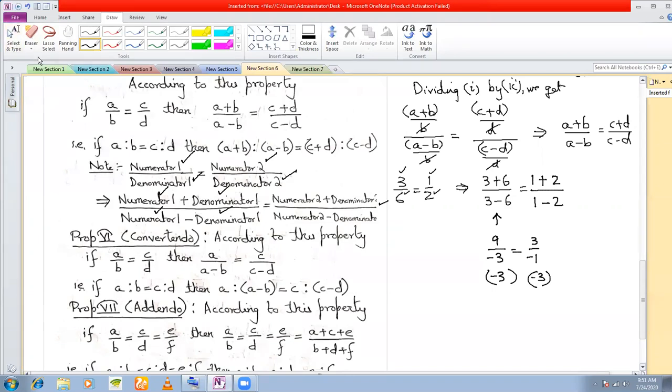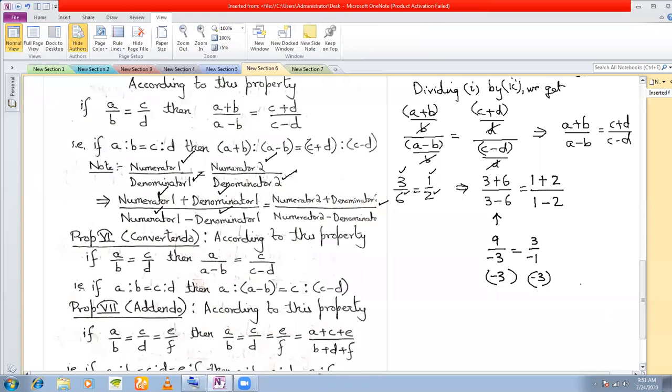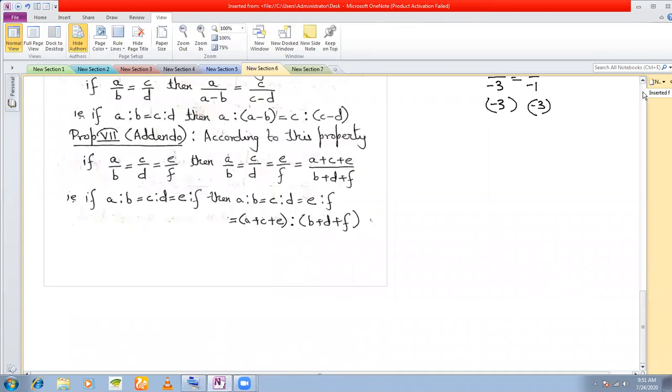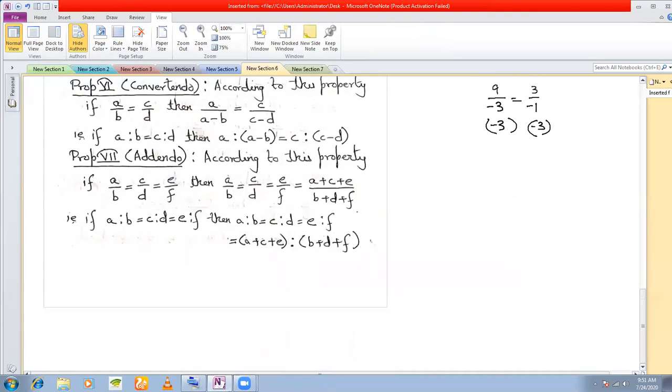The next property is called convertendo. Convertendo actually comes from dividendo. If I have a by b is equal to c by d as my given proportion, then by dividendo I can write a minus b by b is equal to c minus d by d.